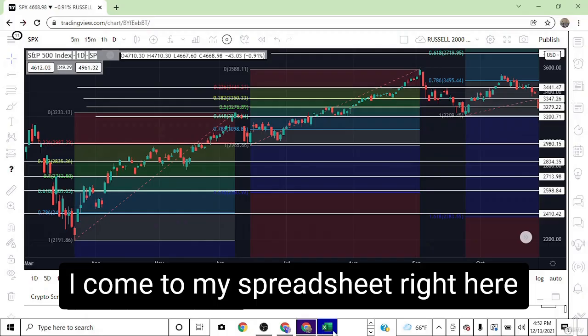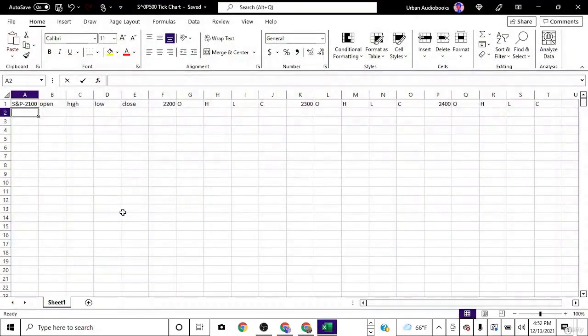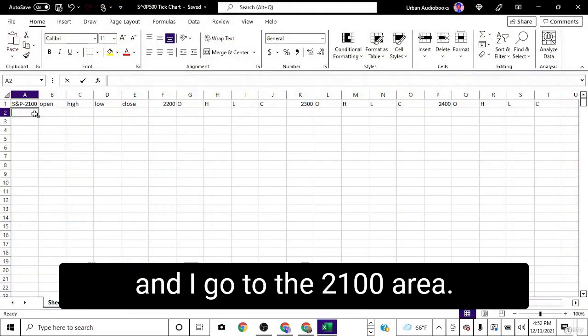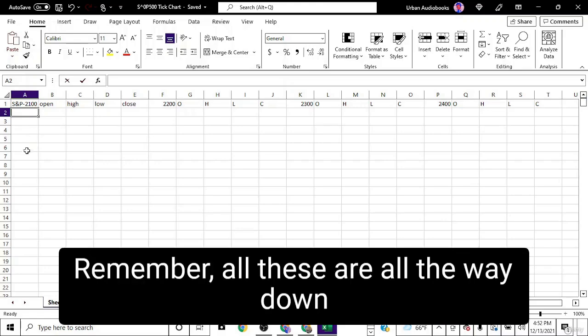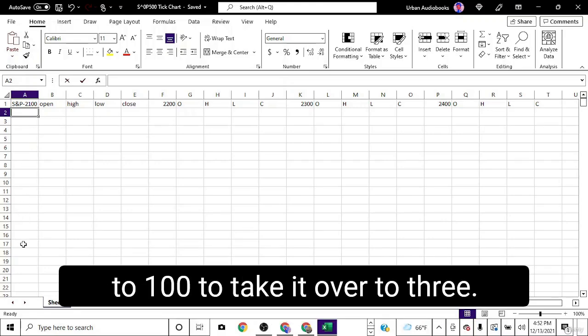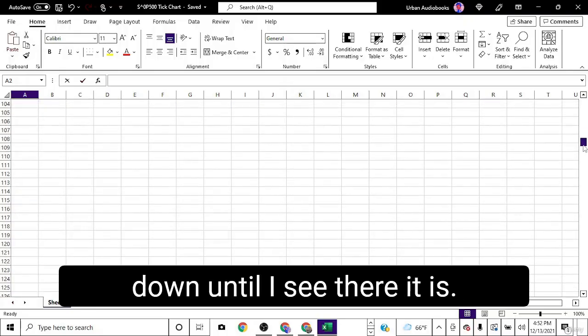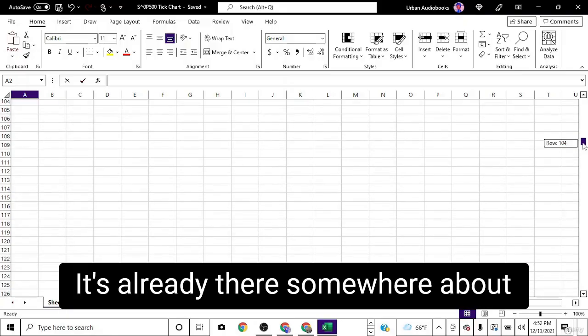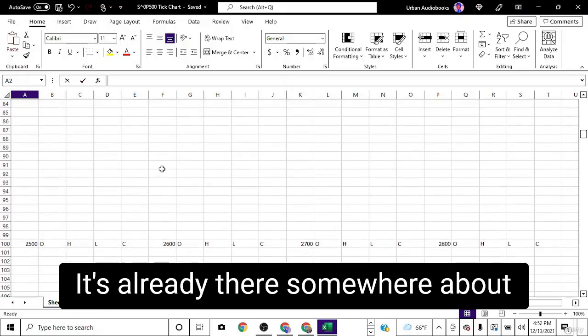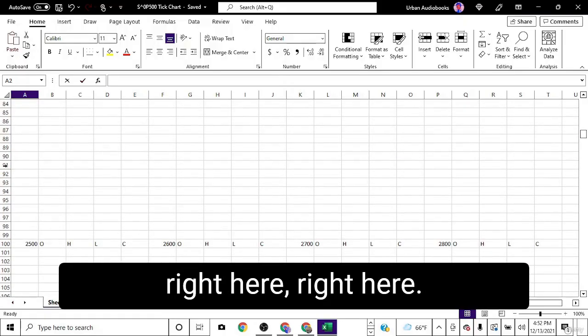I come to my spreadsheet and go to the 2100 area. Remember, these all go all the way down by 100 and over to 3. So I come over here and scroll down till I see it. It's already there, somewhere about right here.